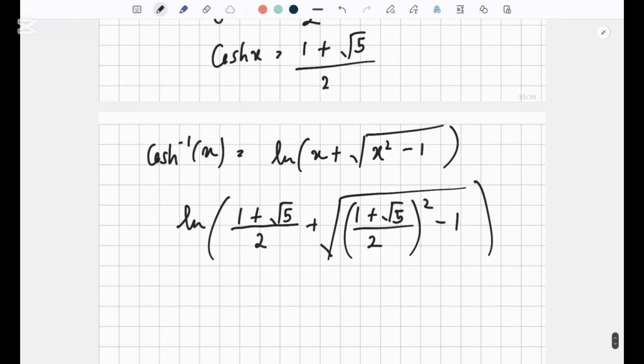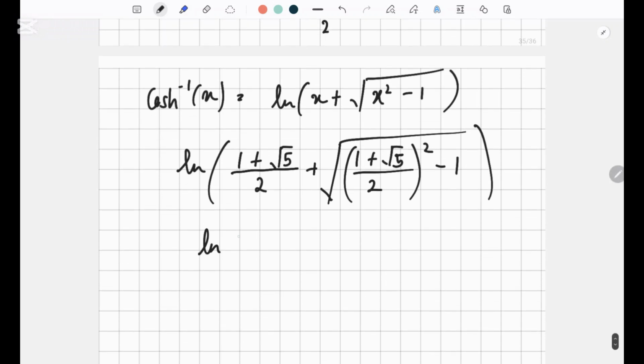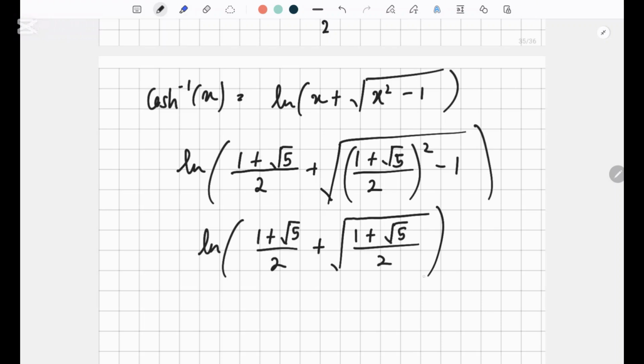So let's look at our square root. So we have 1 plus root 5 over 2 squared and minus 1. So that gives you the same thing. So you can write 1 plus root 5 over 2 plus square root 1 plus root 5 over 2.